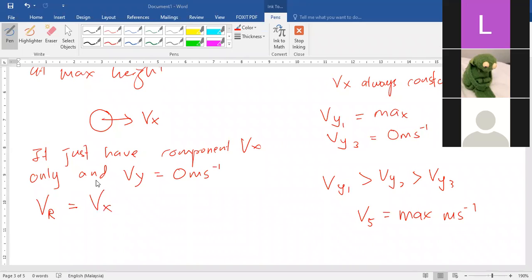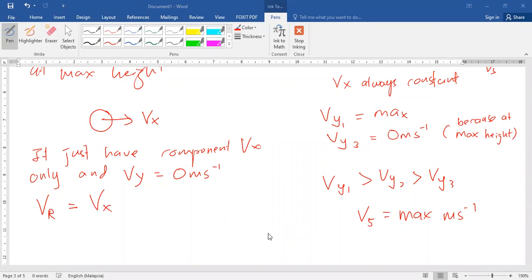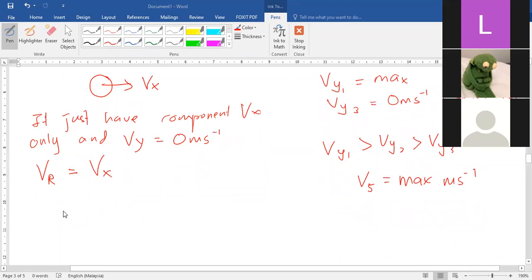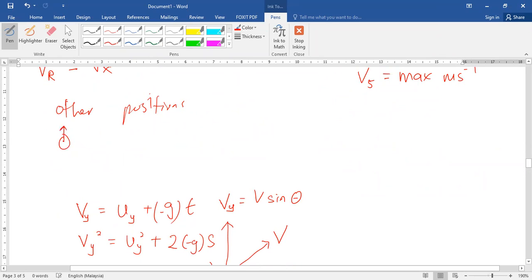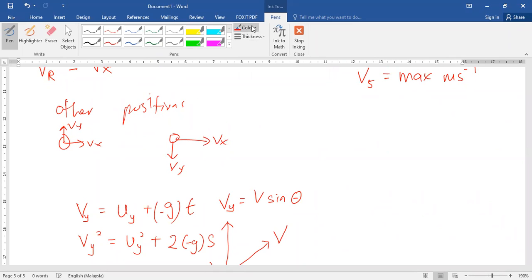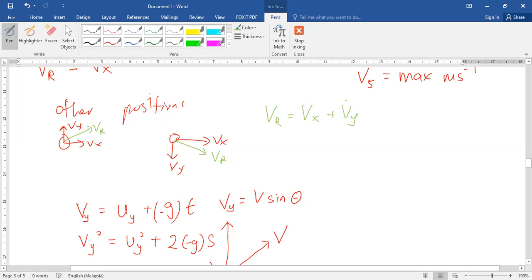At other positions, there will be Vx and Vy, so it will have a Vr, where Vr is equal to Vx plus Vy, the vector.